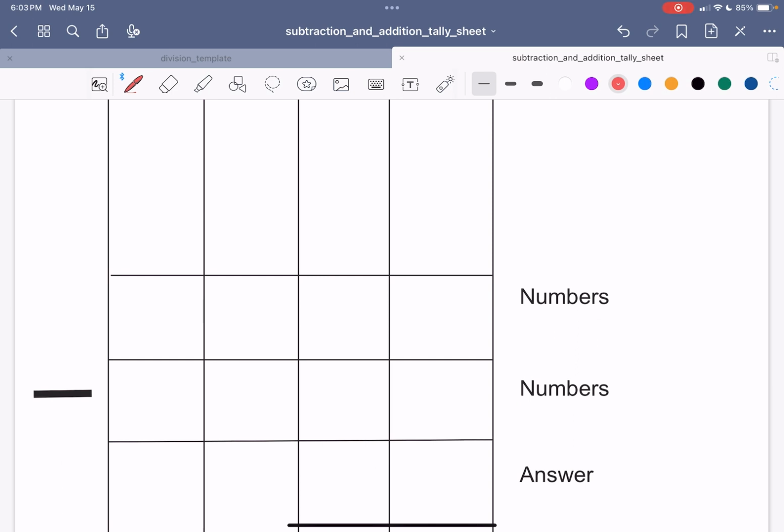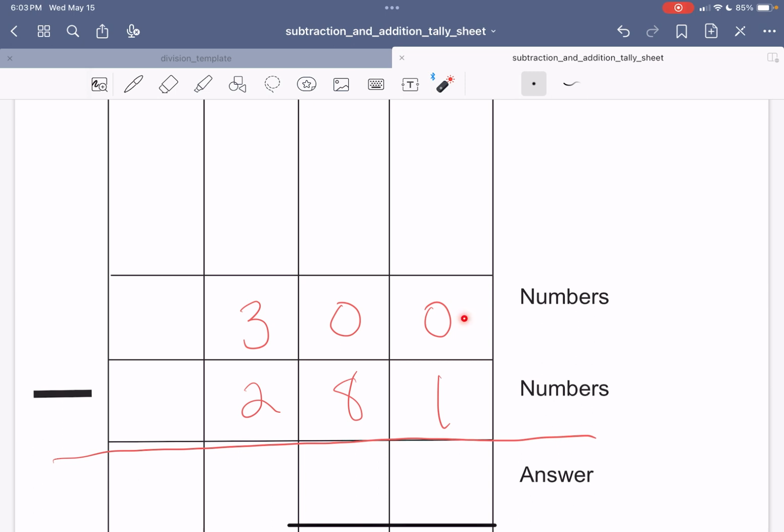Let's do 300 minus 281. Okay, so we can't do 0 minus 1, so we have to borrow. Uh-oh, there is a 0 here.